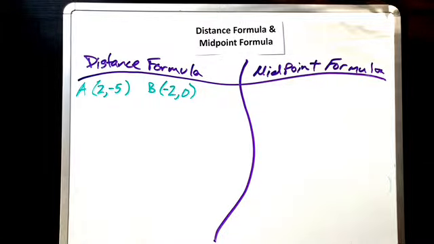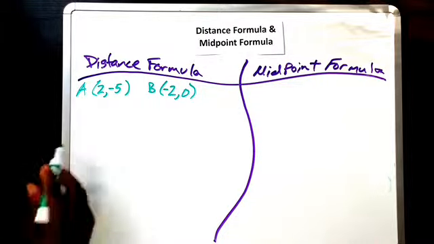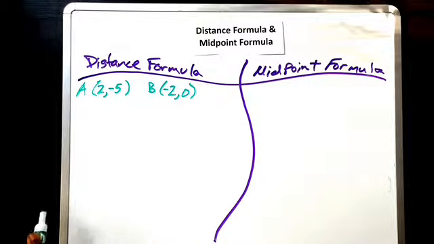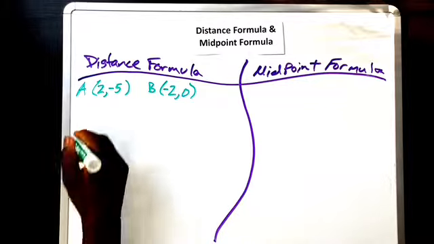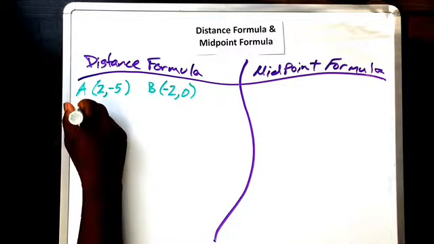Remember, the distance formula helps us to find the distance between 2 points. In this case, it's going to be between point A and point B that we have here. So let's write the formula down first.